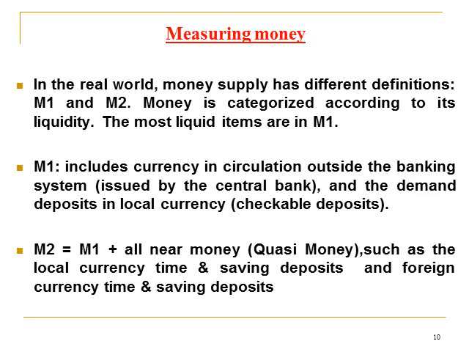M2 equals M1 plus all near money or quasi money, such as local currency time and savings deposits and foreign currency time and savings deposits.